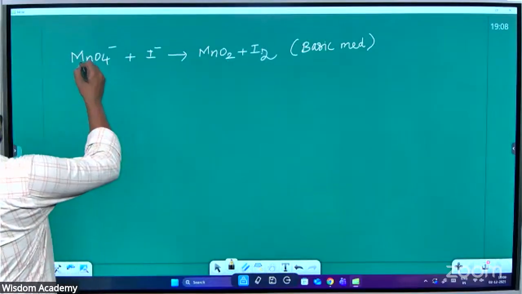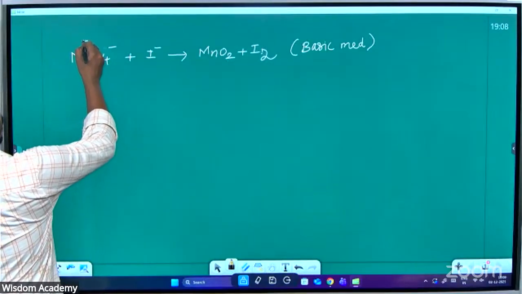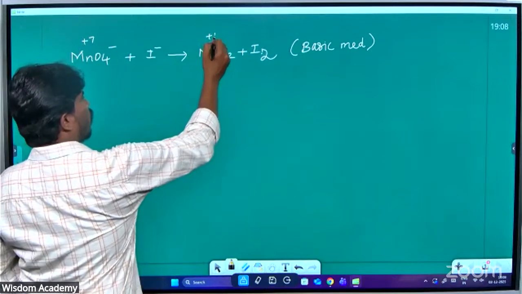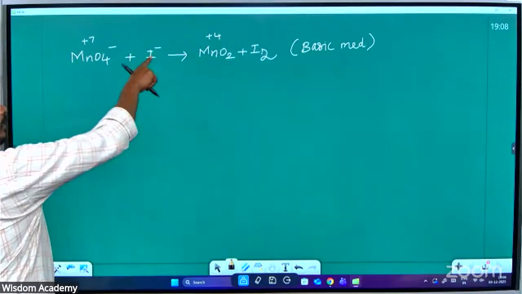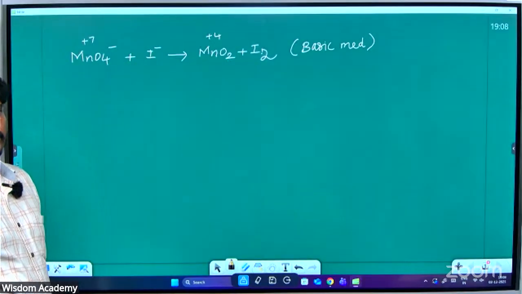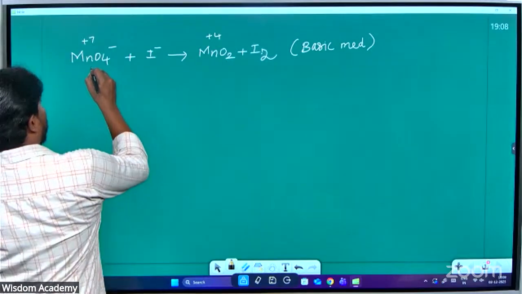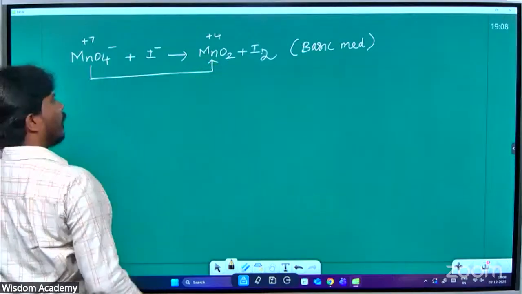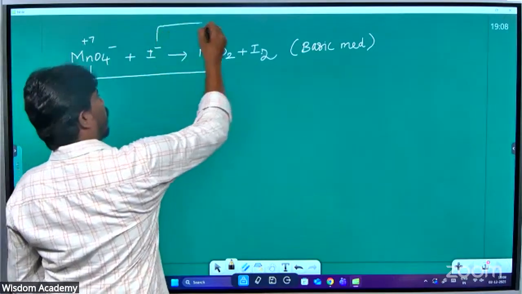First, assign the oxidation state of each species. Here Mn is +7, then +4. I minus is -1 oxidation state, and in I2 it is 0. Reduction here, oxidation here.